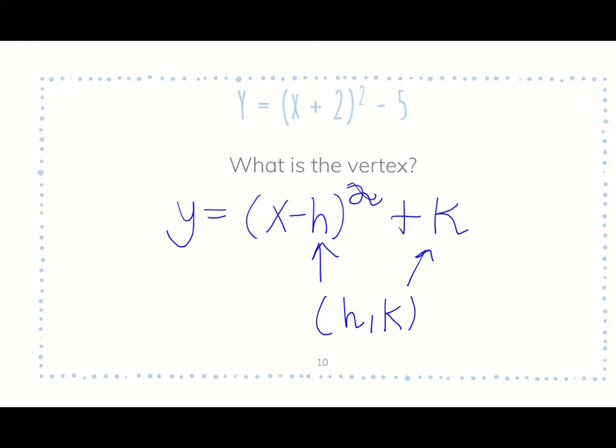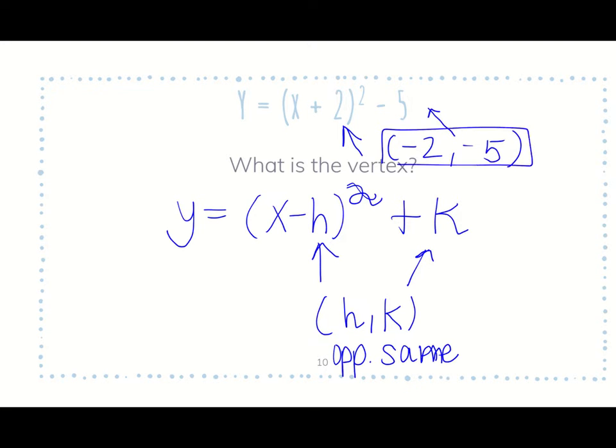And remember, we want to think opposite, same. So we would get our vertex in this instance to be (-2, -5), because we would think opposite of +2 is -2, same as -5 is -5. So that would be our vertex, which we can easily find from vertex form.